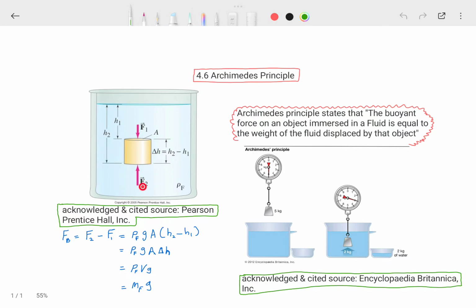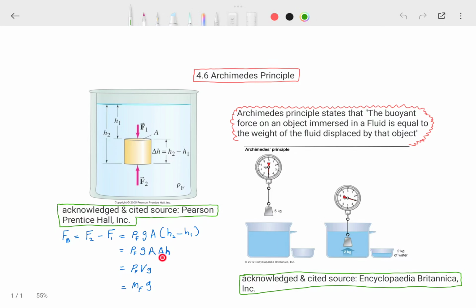Similar to the previous slide, F2 is the buoyancy force, while F1 is the Fw or weight force. So F2 minus F1 equals rho, the fluid density, multiplied by gravity, multiplied by the area, multiplied by the change of the height. So rho multiplied by g, multiplied by A and delta h.